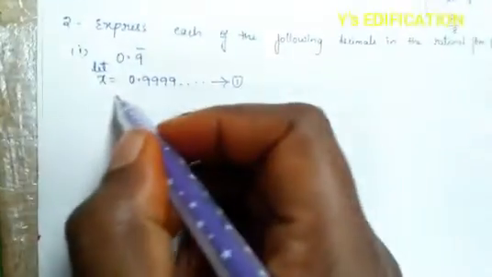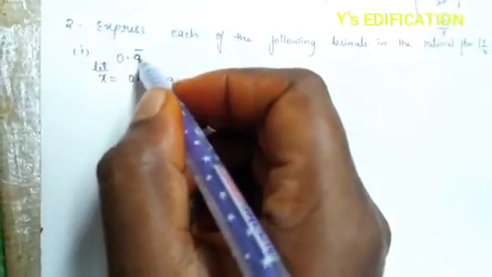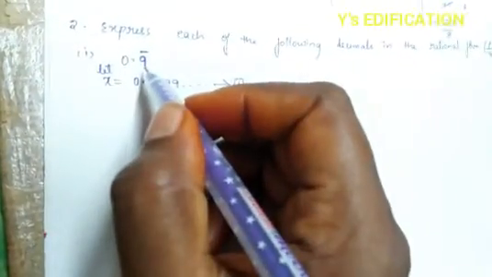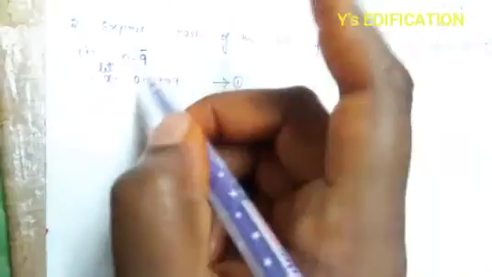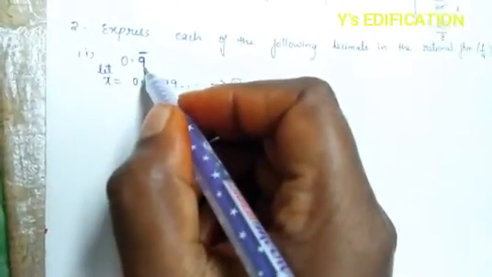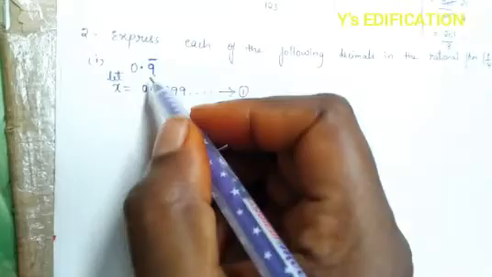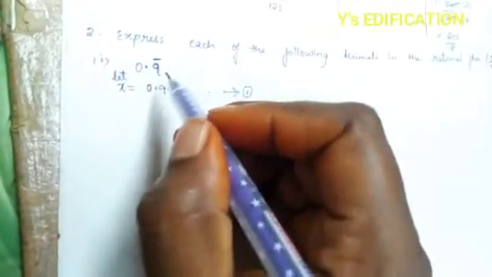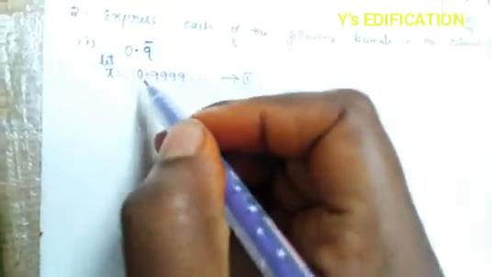Now I have to multiply. How many digits are there under the bar? Only one digit. This is known as periodicity. The number of digits under the bar is known as the periodicity, and the digit under the bar is known as the period.